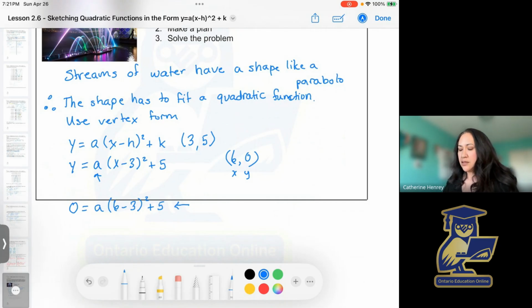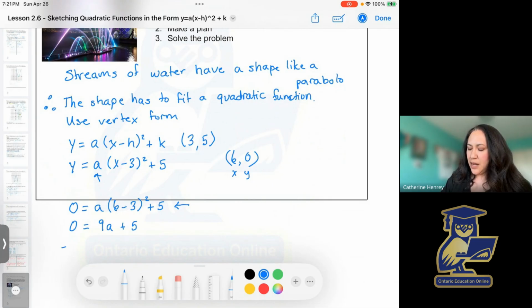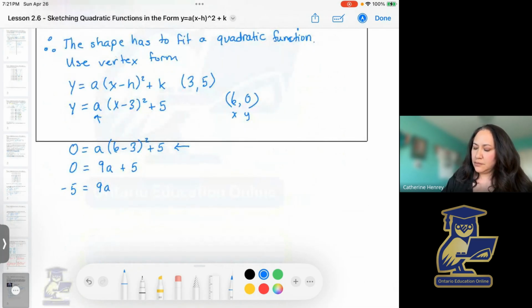So let's go ahead and solve. 0 equals 6 minus 3 is 3 squared. So I'll have 9a plus 5. I'll move that 5 over to the left side, and it will become negative 5 is equal to 9a. And if I divide through by 9, I'll have a is equal to negative 5 over 9.